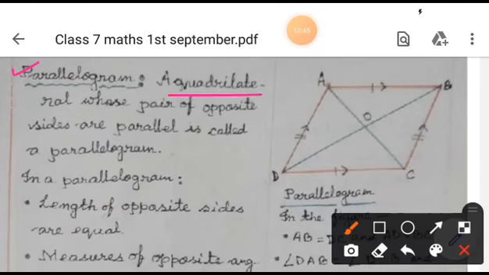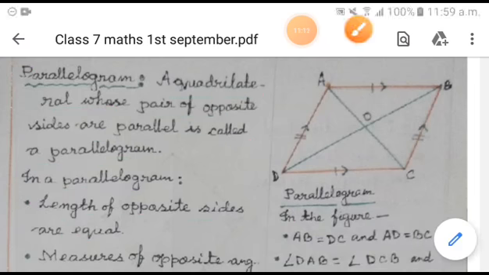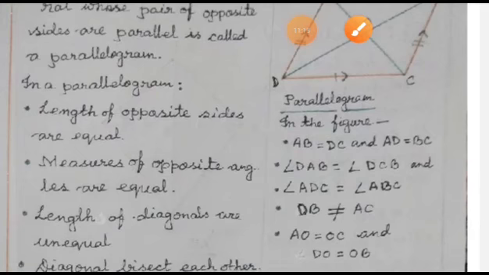So now let us study in detail about the parallelogram. A quadrilateral whose pairs of opposite sides are parallel is called a parallelogram. Here you can see the opposite sides are parallel, as I have explained, that AB is parallel to DC and AD is parallel to BC, right? So in a parallelogram, what are the features and properties? The lengths of the opposite sides are equal and the measures of the opposite angles are also equal.